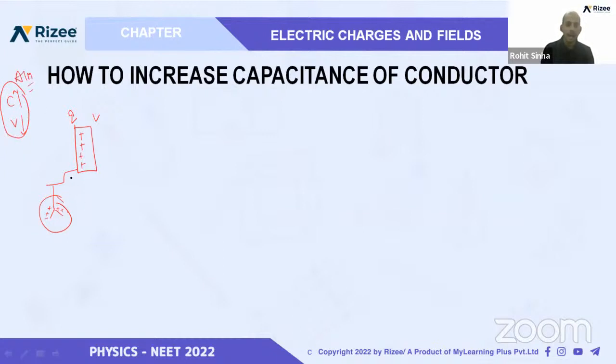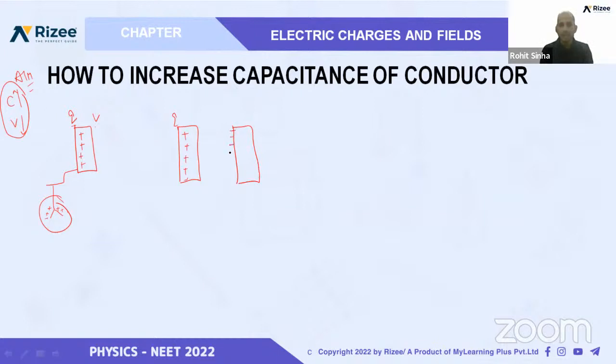So I read this much deflection, so this much charge is present. I want to decrease the deflection, because if deflection decreases, charge decreases, and if charge is decreasing, then V will decrease. Now let us assume in the second case, near this positive plate which I have charged with Q, I put another plate of similar dimension, like this.